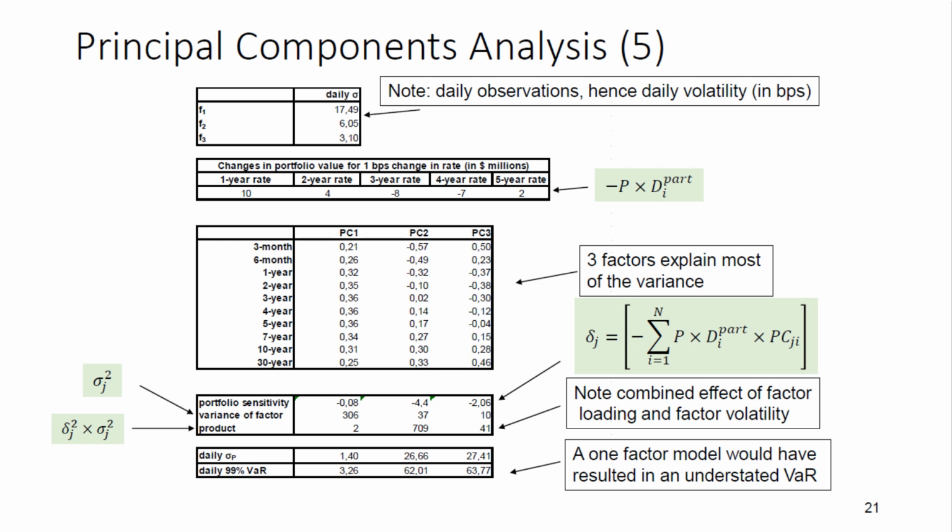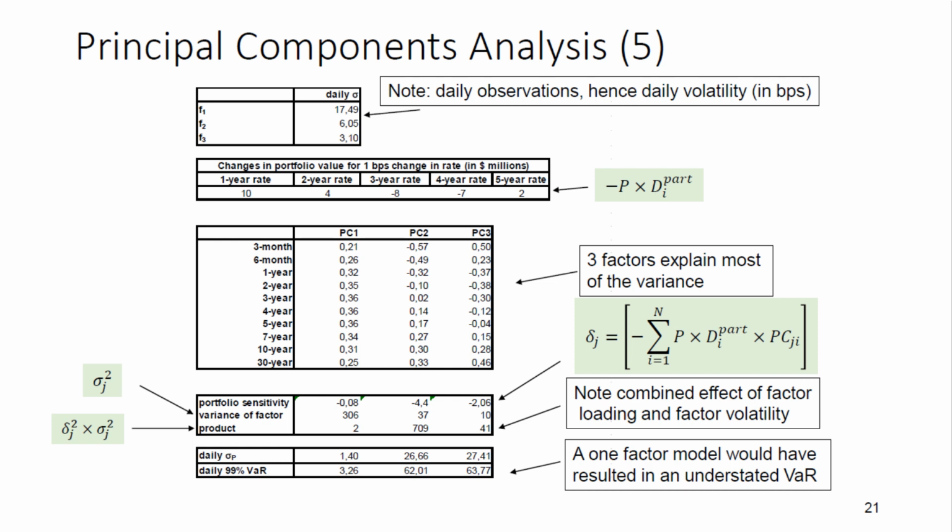So I also take the principal components for the 1, 2, 3, 4, and 5 years. And I'm going to multiply these principal components with the price of the portfolio, the partial durations and the minus sign. So that's a multiplication of the second table as a row with the third table, column-wise. That gives me the deltas, which are then in the first line of the fourth table.